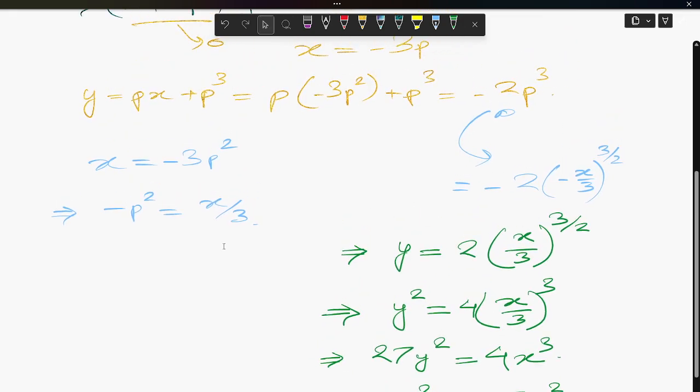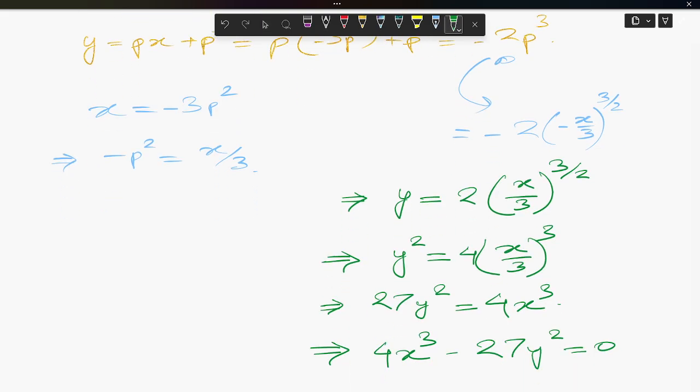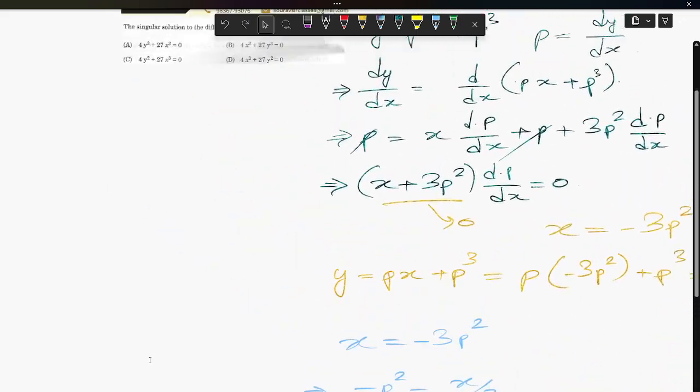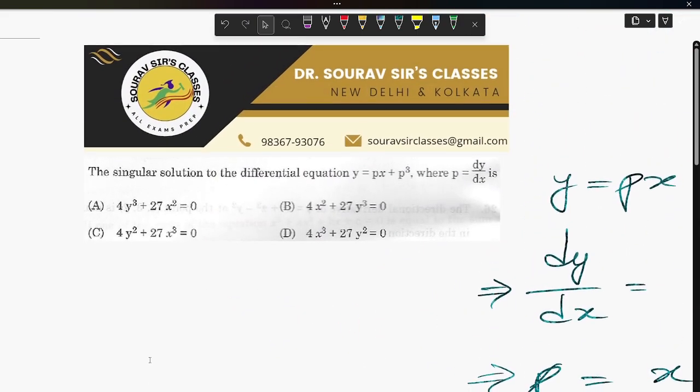I think I made some mistake here with the minus sign also. So that has to be plus, minus from here, minus from here. Okay, so then that will be minus here. So then everything will be correct. Minus 4x cube, so this thing will be plus. So 4x cube plus 27y square equals 0 is the correct option of this question.